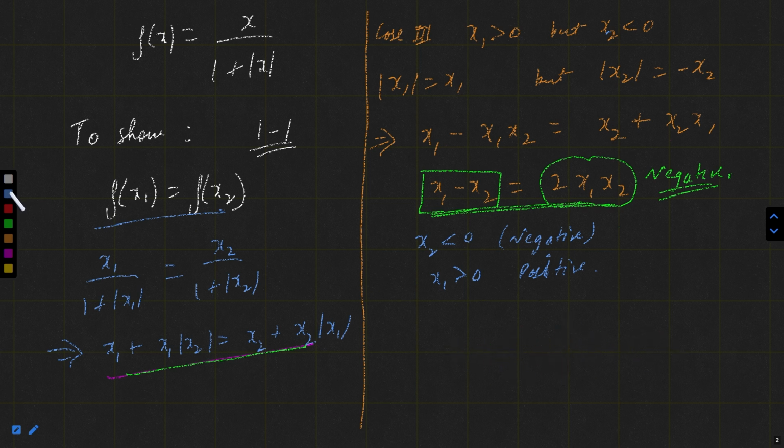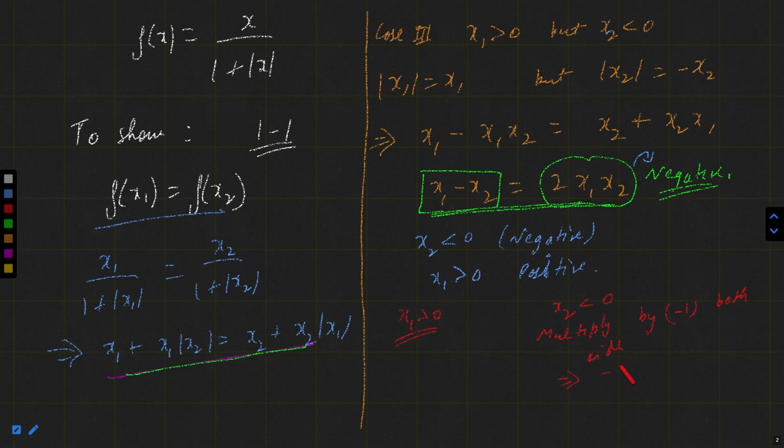From this we can easily say that it is negative. Now x1 is positive, no problem in that. x2 is negative, so just multiply by minus 1 on both sides.